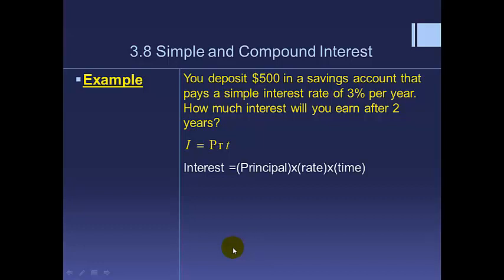Okay, so the first thing you're going to look at is you need to identify what your principal is. So you deposit $500. This is going to be your principal. Into a savings account that pays a simple interest rate of 3%. So again, my rate is 3%, but remember I have to change that to a decimal.